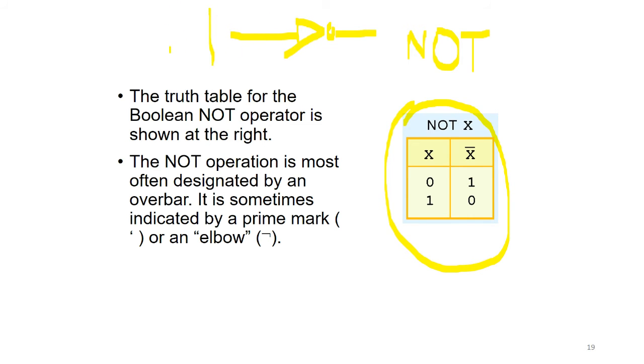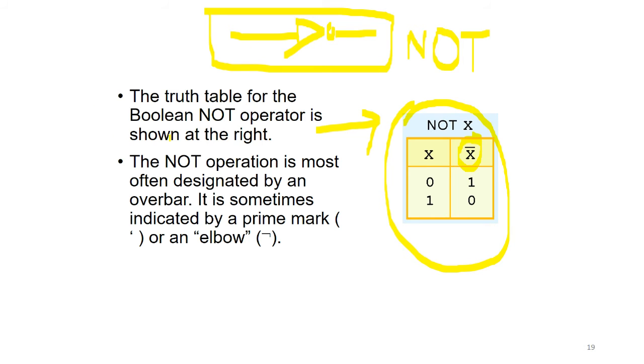So this is the symbol for a NOT gate. The truth table for the Boolean NOT operator is shown at the right. So this is what they are talking about. The NOT operation is most often designated by an overbar. What is that overbar? As you can see, this bar they are talking about, overbar.